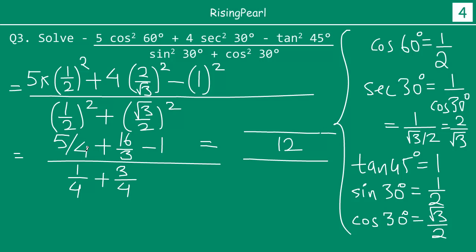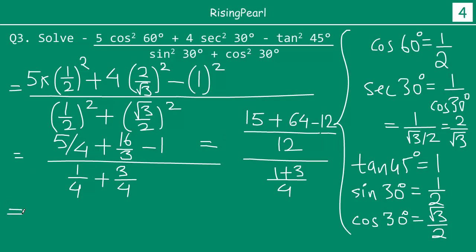Right? Now 4 3s are 12, 5 3s are 15 plus 3 4s are 12, 16 4s are 64 minus 12 because you have 1 here. So minus 12, and at the denominator here we will have 4 is common, 1 plus 3, which will be 4 by 4. So this really will become 1.